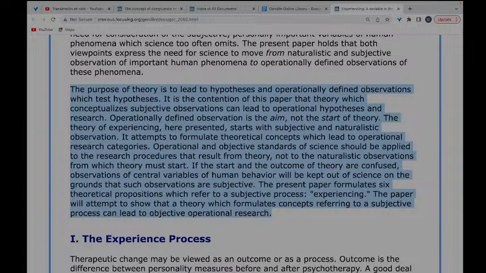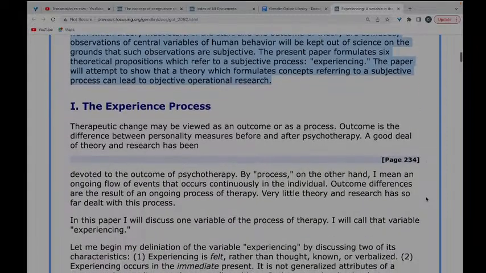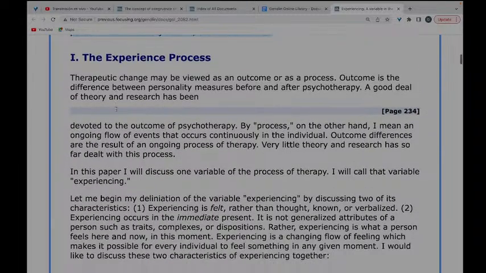Oh, that's just poetry. The present paper formulates 6 theoretical propositions which refer to a subjective process, experiencing. The paper will attempt to show that a theory which formulates concepts referring to a subjective process can lead to objective operational research.